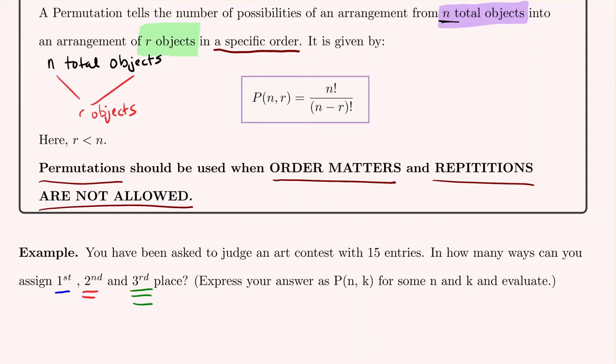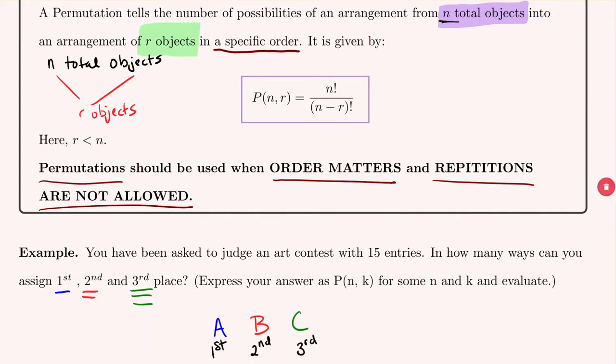So the order that we pick it follows along with the order in the ranking. So order matters because if I had artwork A picked first, then artwork B, and then artwork C, the way we're thinking about this problem, that naturally means A gets first place, B gets second, C gets third.